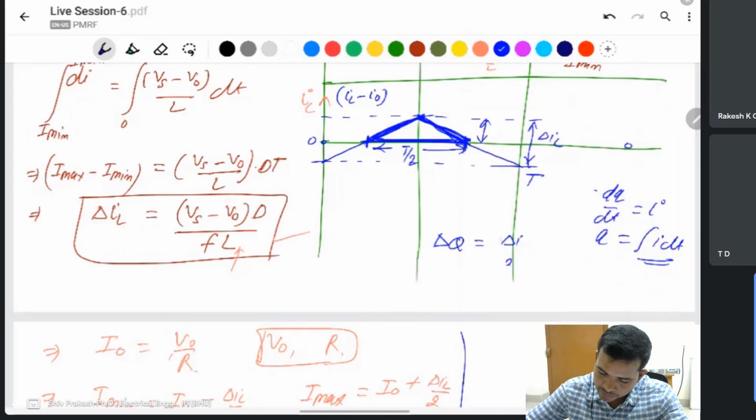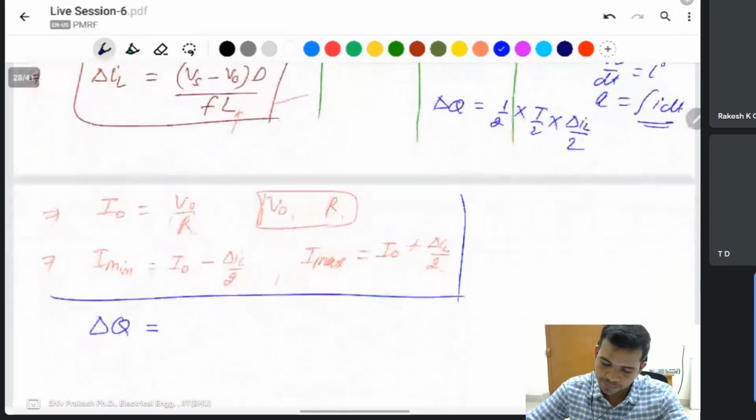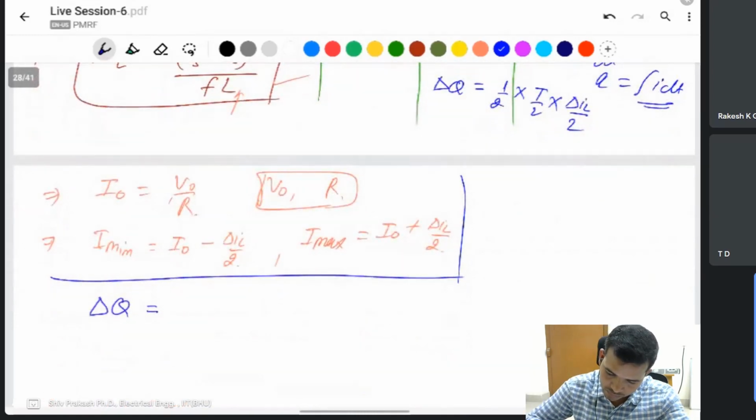half of base into height, base is T by 2, height is delta IL by 2. So T into delta IL divided by 8.